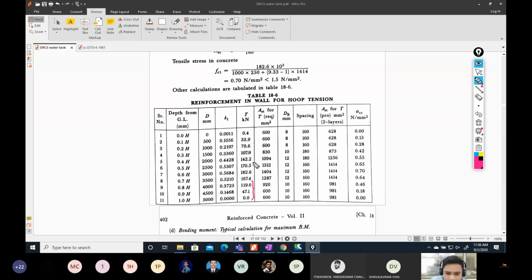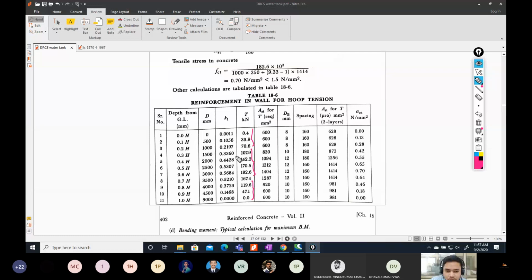Similarly, this part is clubbed, this part is clubbed, and this part is clubbed together. So we have 8 bar with 160 center to center spacing, in two layers. So AST provided is this.